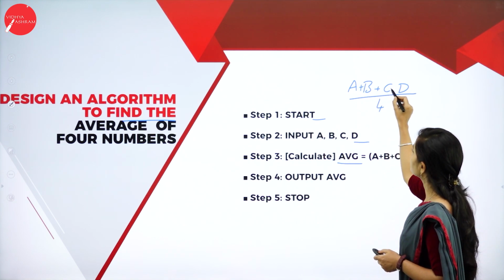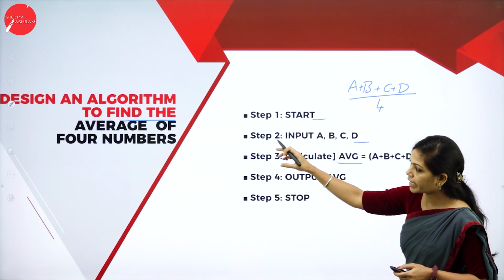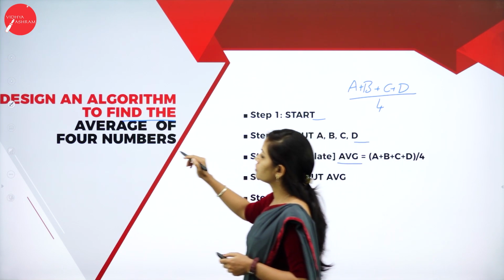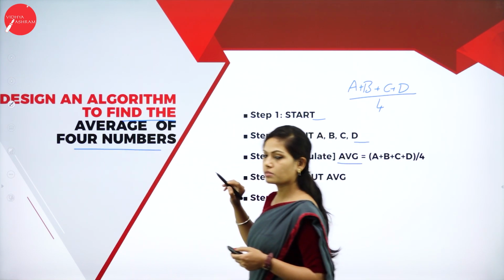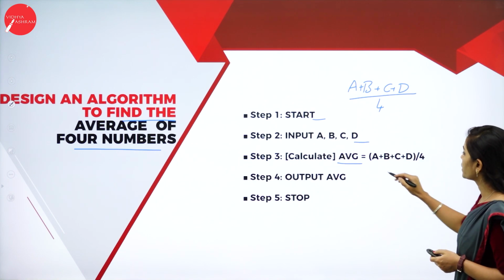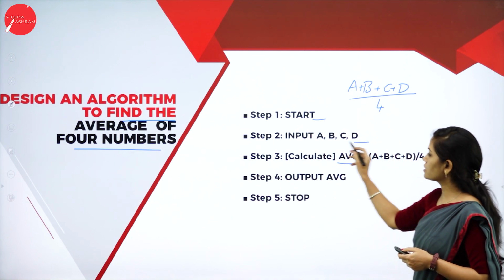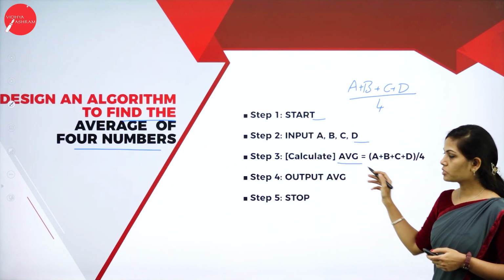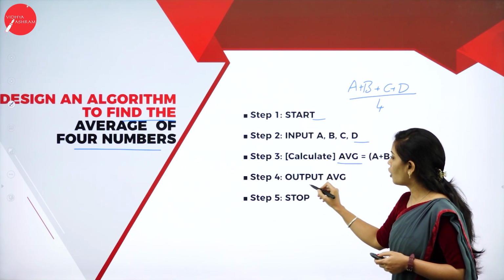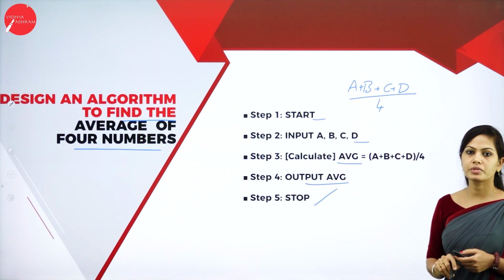Why is it 4? Because we are finding the average for 4 different numbers. So add all the 4 numbers and divide by 4. This is the logic of this problem. So calculate average is equal to the logic, output is average, and you can terminate the algorithm.